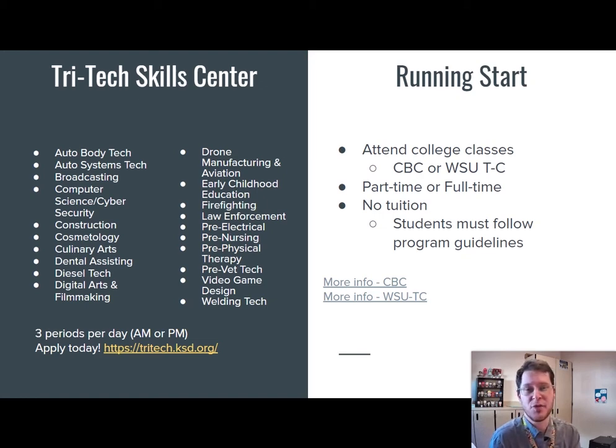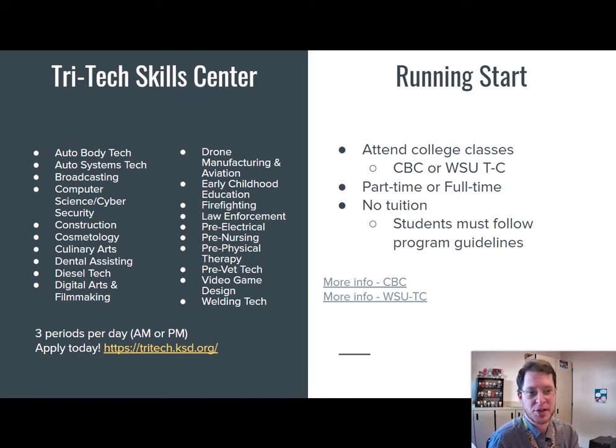So for an example, you might be off at TriTech for periods 1, 2, and 3, and then you would come over to Richland High for periods 4, 5, and 6 to finish out your day. You can apply online. I've got their website linked right here. Check it out, learn about their programs. This is another way to meet that graduation pathway requirement.